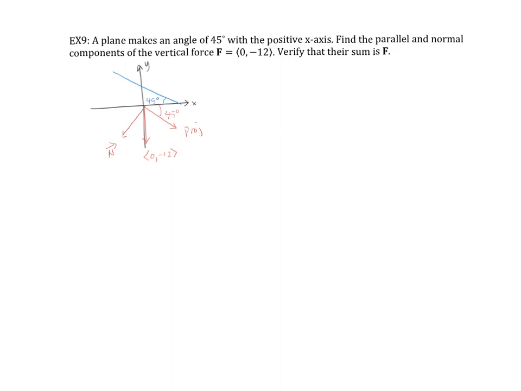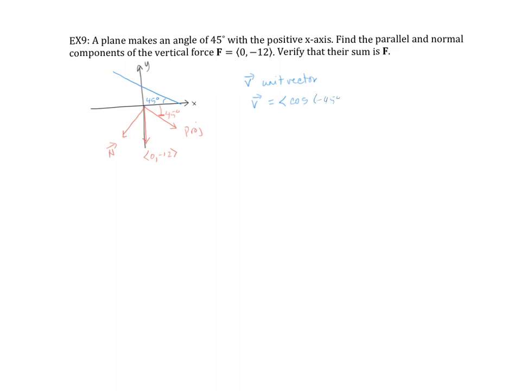Okay. So first of all, I'm going to use v as a unit vector. And I'm going to describe my vector v as the cosine of, well, the magnitude of v is just 1, so it'd be the cosine of, and in this case, since it's coming down, it's a negative 45 degrees.